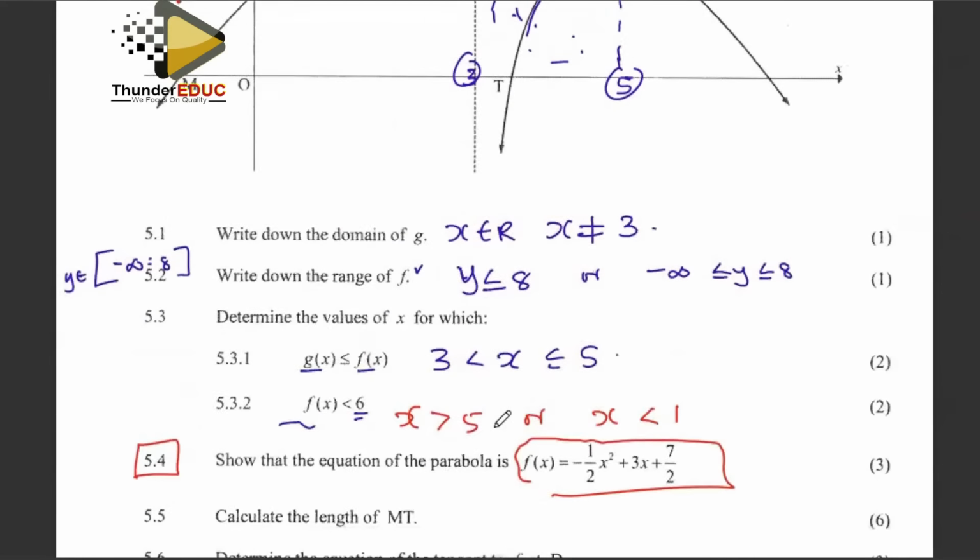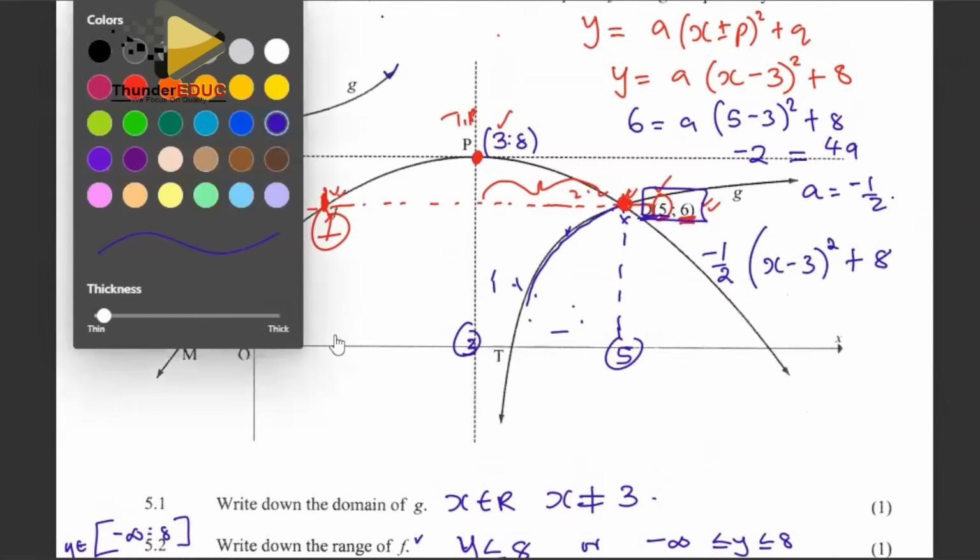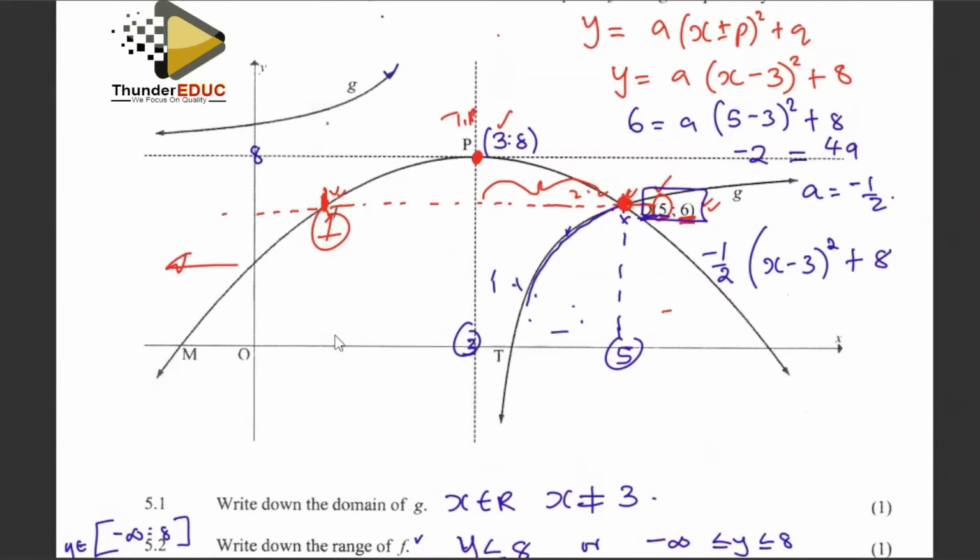Let's see. Is that what it says? Perfect. We have negative a half. Then what is left for us to do is substitute this back and then open up the brackets. So negative a half into x minus 3 squared plus 8. Let me open this up. Negative a half into, opening this bracket, we have x squared minus 6x plus 9, plus 8.